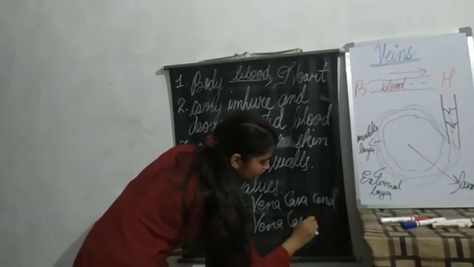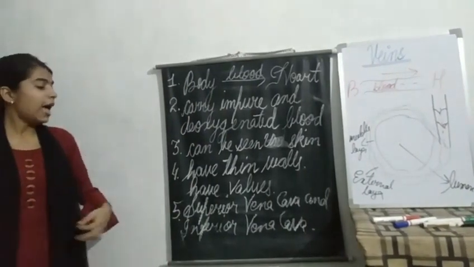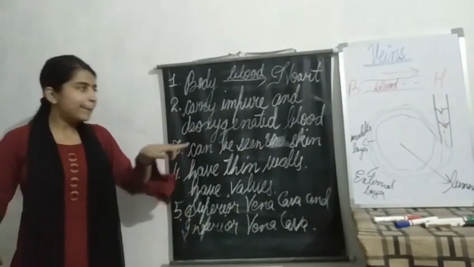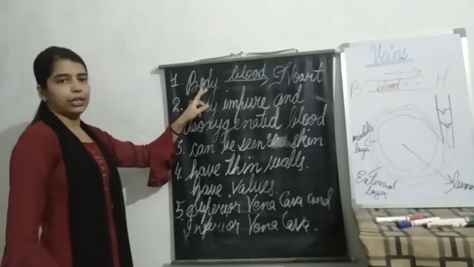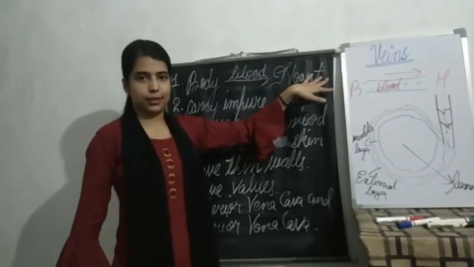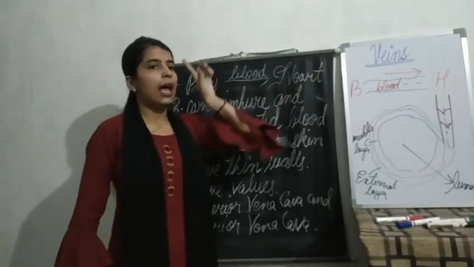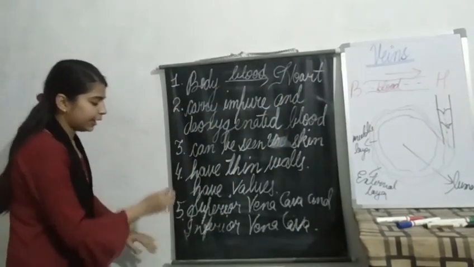These two veins basically play the role in carrying the blood from your body parts to your heart. Alright? And another one is again there.